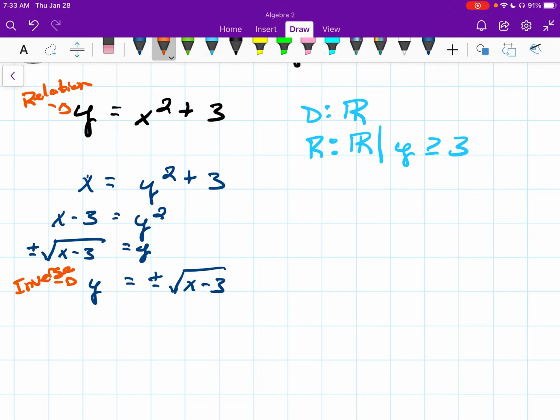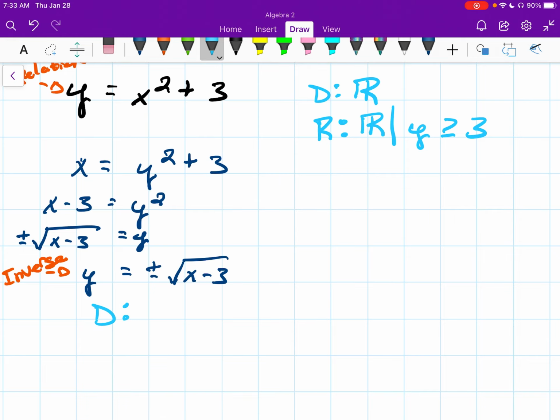All right. Let's look at the domain and range of this guy. The domain of the bottom one, what can we plug in there? What can we plug in for x? Here we have to think more about it, I think, because we've got that root. We can't have a negative under our root, right? So the smallest thing that x can be would be 3, right? Because that would make the root 0. And root 0 is okay, but root negative anything is not okay.